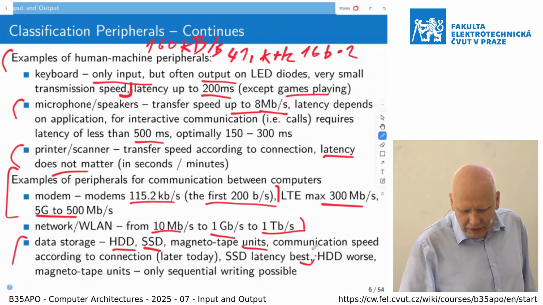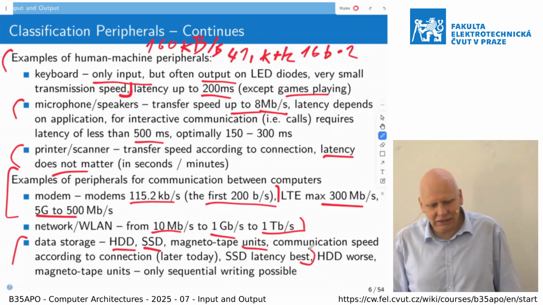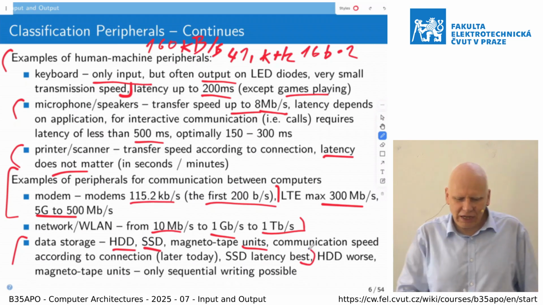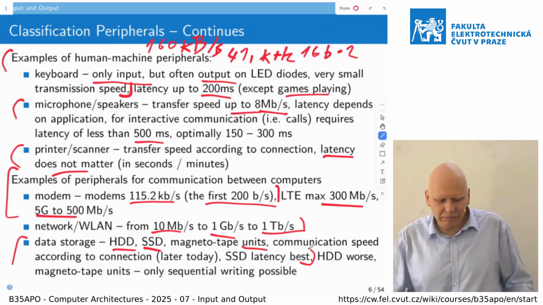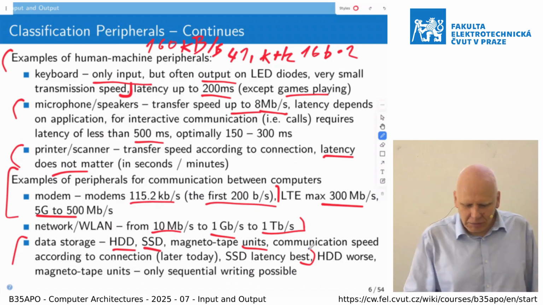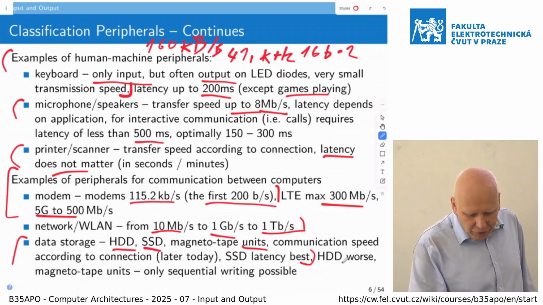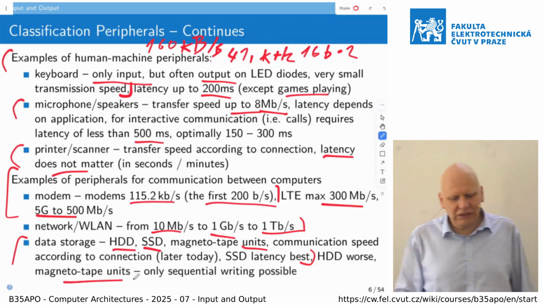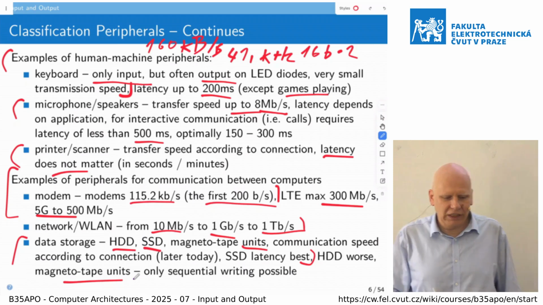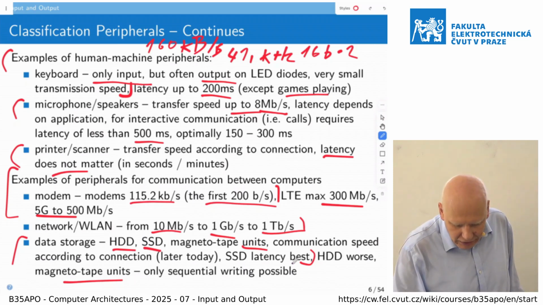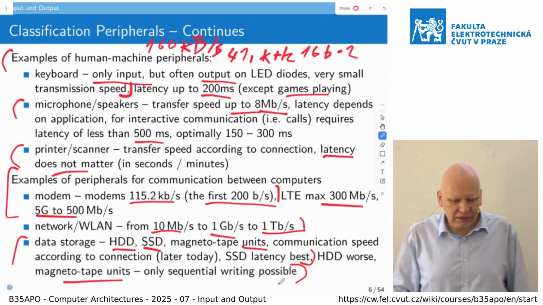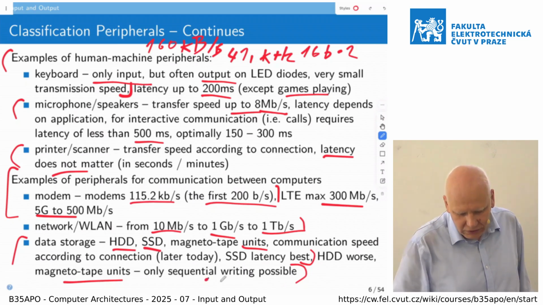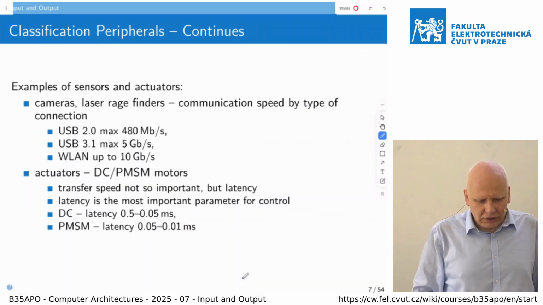Usually the fastest SSDs need to be connected directly to the main peripheral bus, not through SATA or other means, to be fast. Tape units are still in use because their capacity is very, very, very high, but they are sequential only, so you need to order the operations.